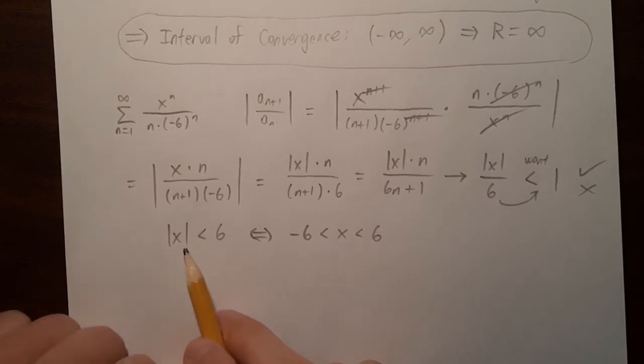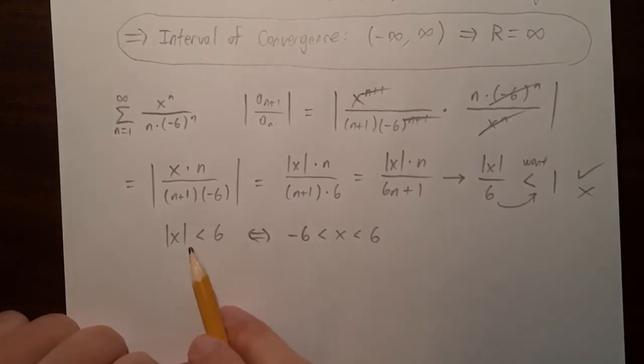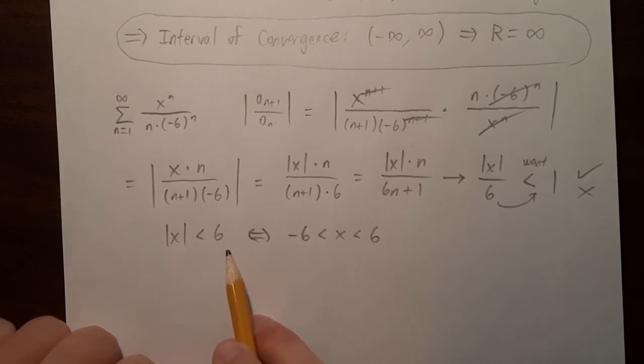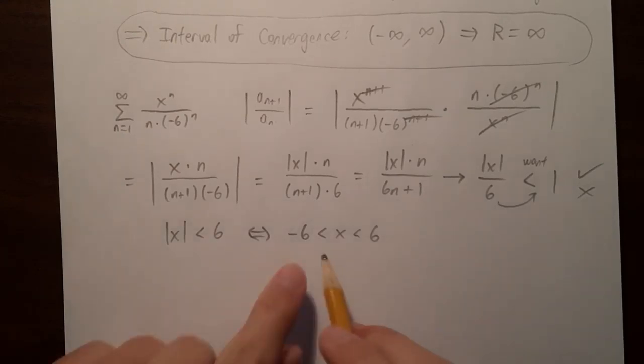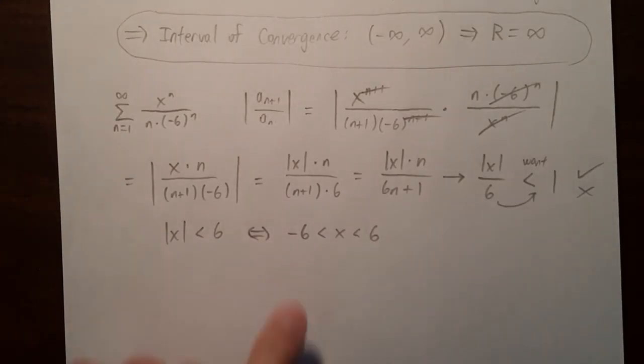Which should make sense, right? What this is saying is the magnitude, that is the size of x, the number x, whatever it is, the size of x is less than 6. So what numbers in magnitude are smaller than 6? Well, anything from -6 up to 6. All right, and so the upshot is we got rid of the absolute value. And indeed, I think we're basically done here.